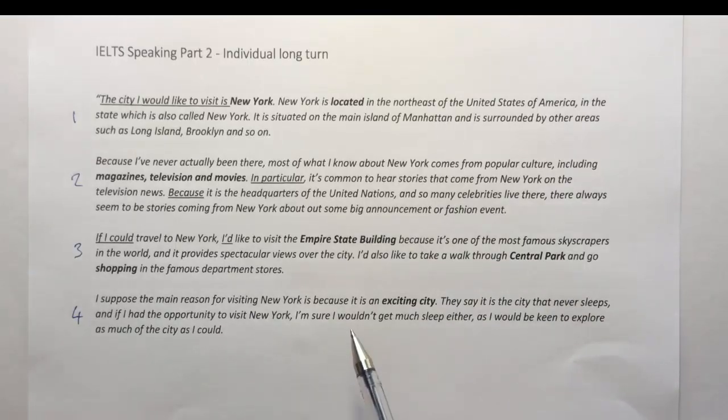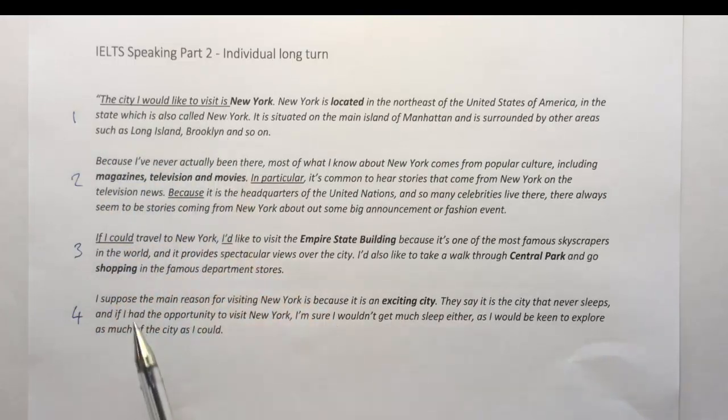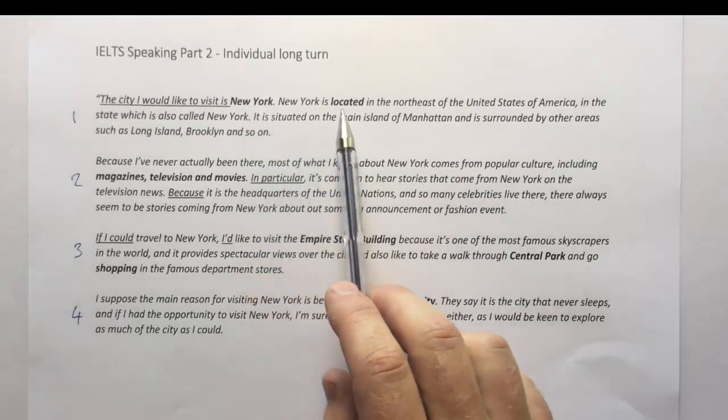Notice as well that I've got these little phrases: the city I would like to visit is, in particular, because, if I could, I'd. So we have those types of linking phrases which link the whole answer together. In terms of the notes that I took, you can see that I've got my notes here in bold.